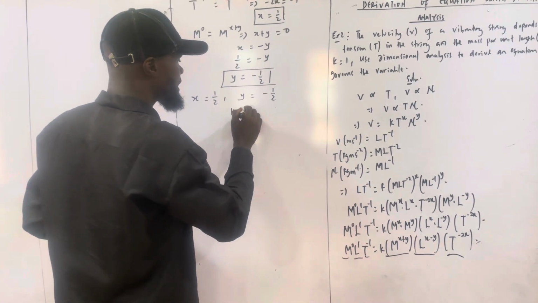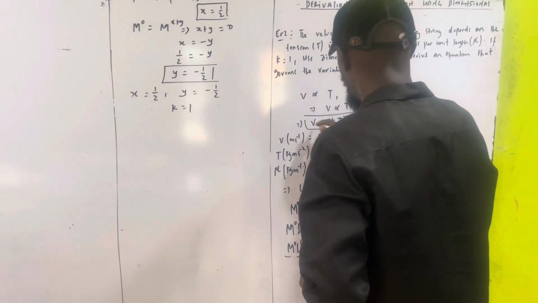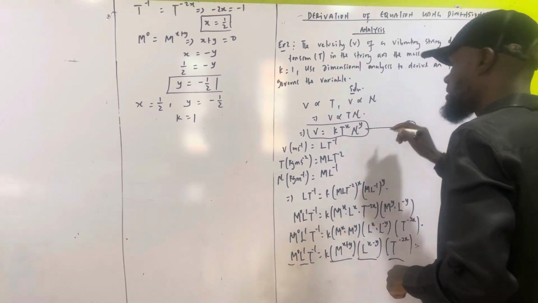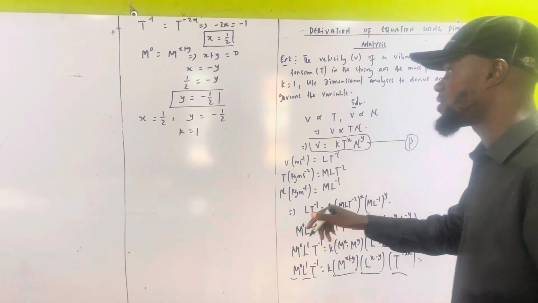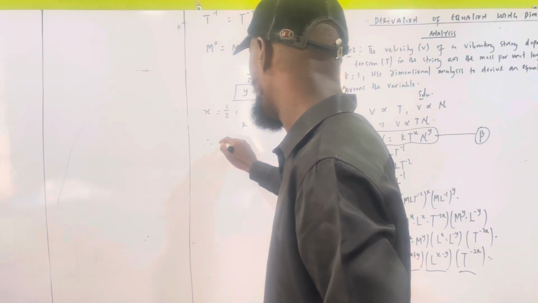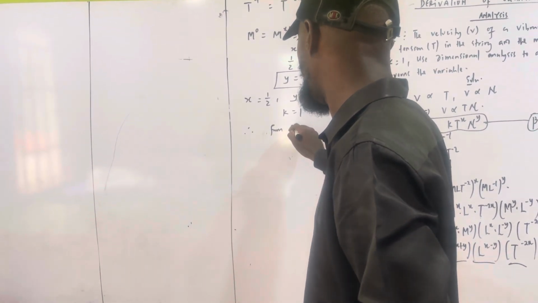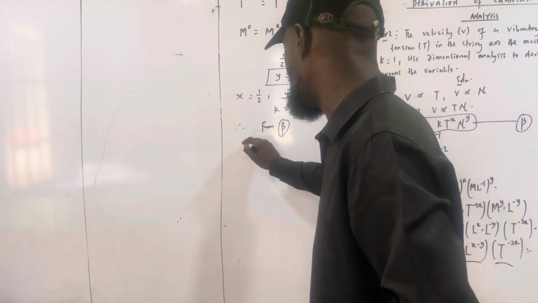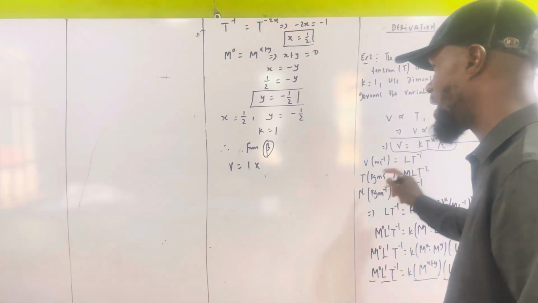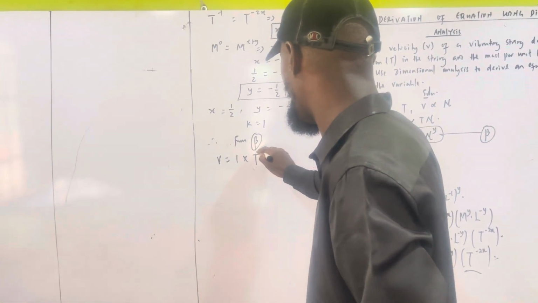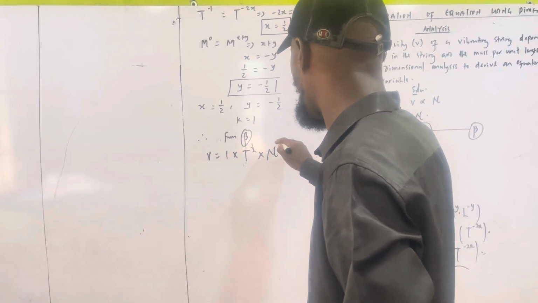Where our K is 1, we'll come back to this. Let us call this equation beta. Now we replace x by 1/2 and y by minus 1/2. Therefore, from beta, we have V equals 1, knowing our K is 1, multiplied by T to power of 1/2 multiplied by mass per unit length to power of minus 1/2.